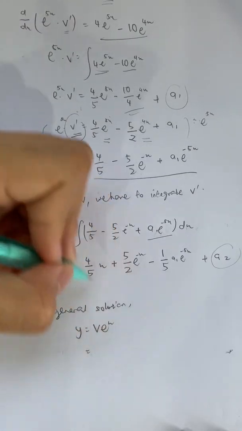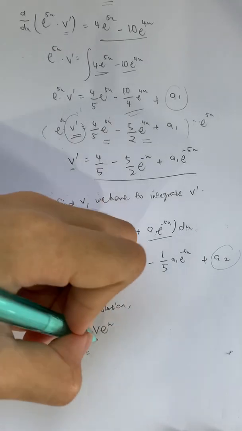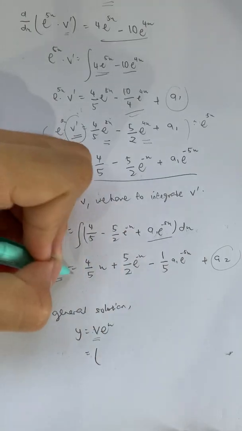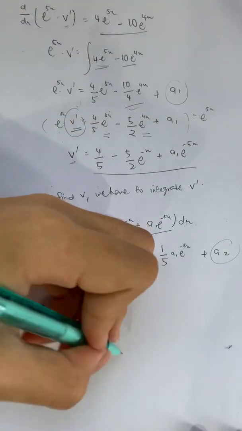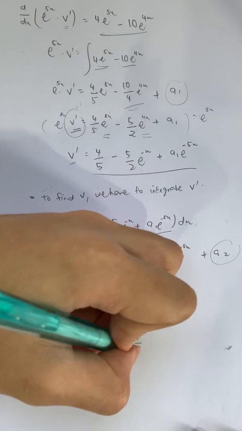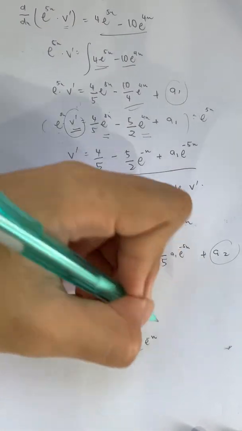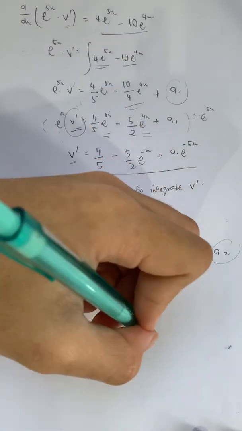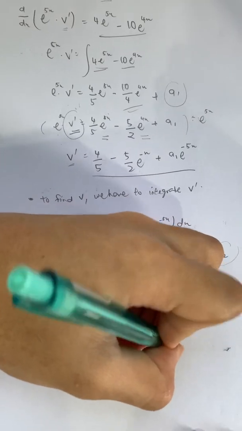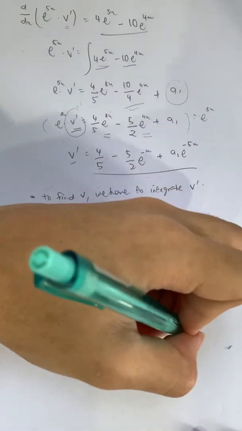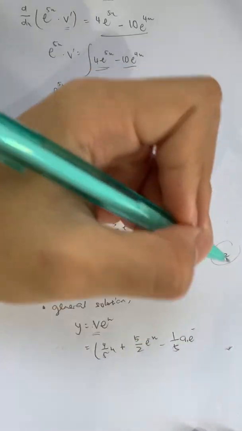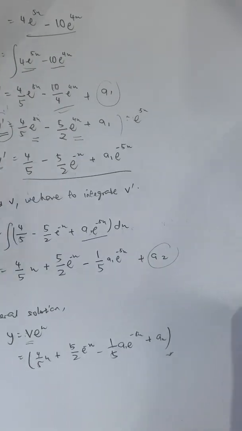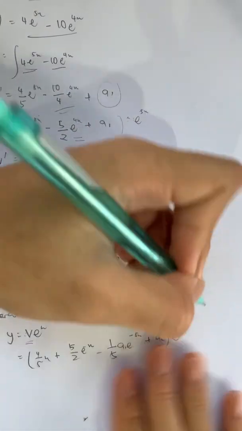So we insert the value of v inside this equation, we get 4 over 5x plus 5 over 2 exponential x minus 1 over 5 a1 exponential negative 5x plus a2, times exponential x.